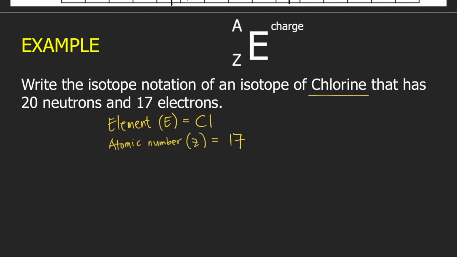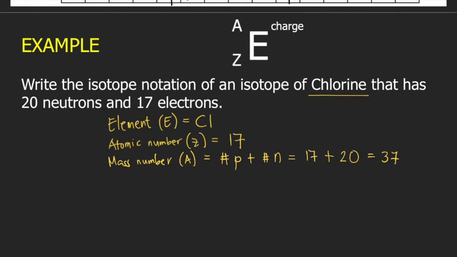A is our mass number. Again, mass number is the number of protons plus the number of neutrons. We know that the atomic number is also equal to the number of protons. So that's 17 plus, according to the problem, 20 neutrons. 17 plus 20 is equal to 37.